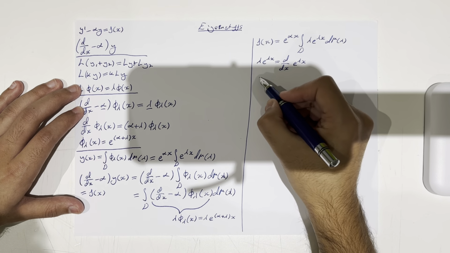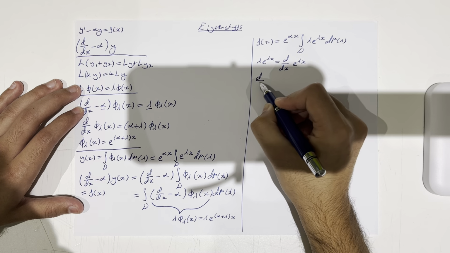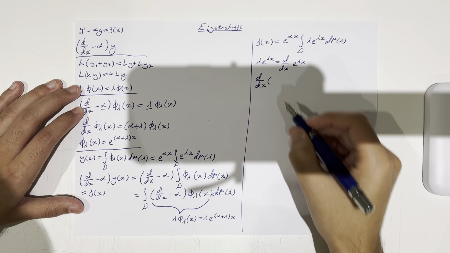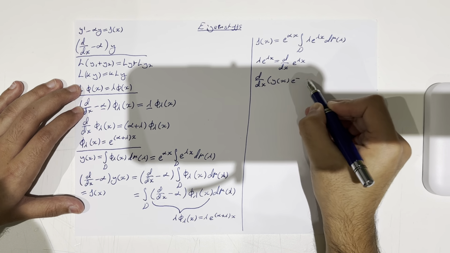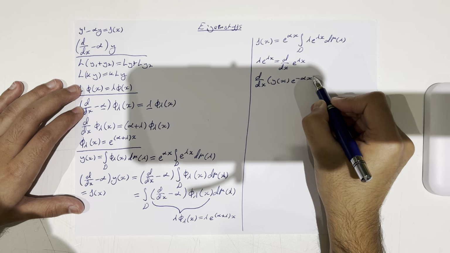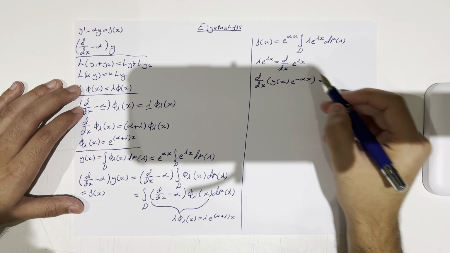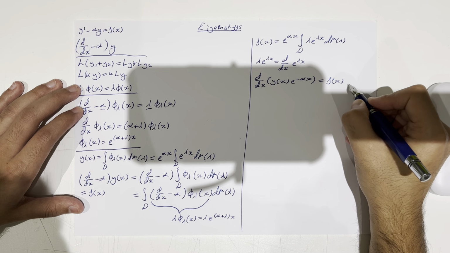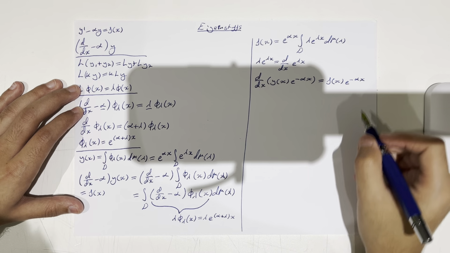We can write it like this, that d over dx of y of x times e to the negative alpha x equals f of x times e to the negative alpha x.